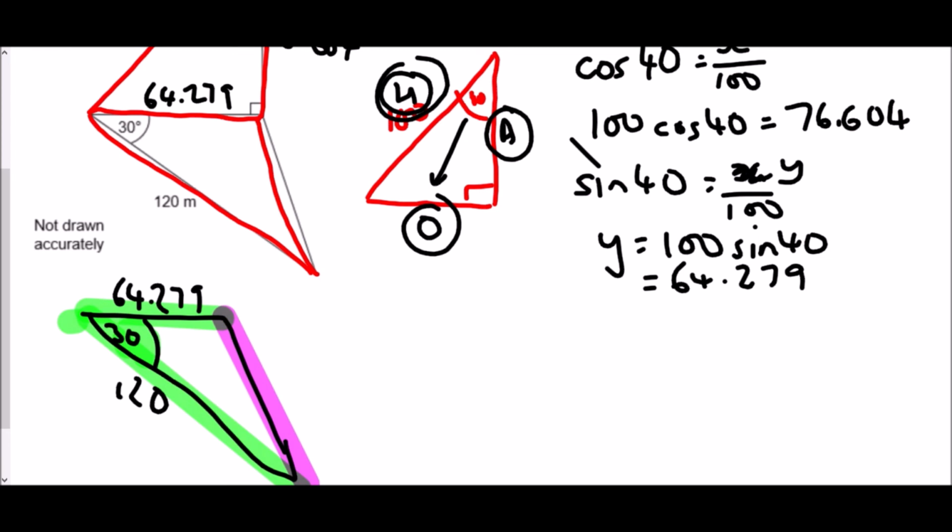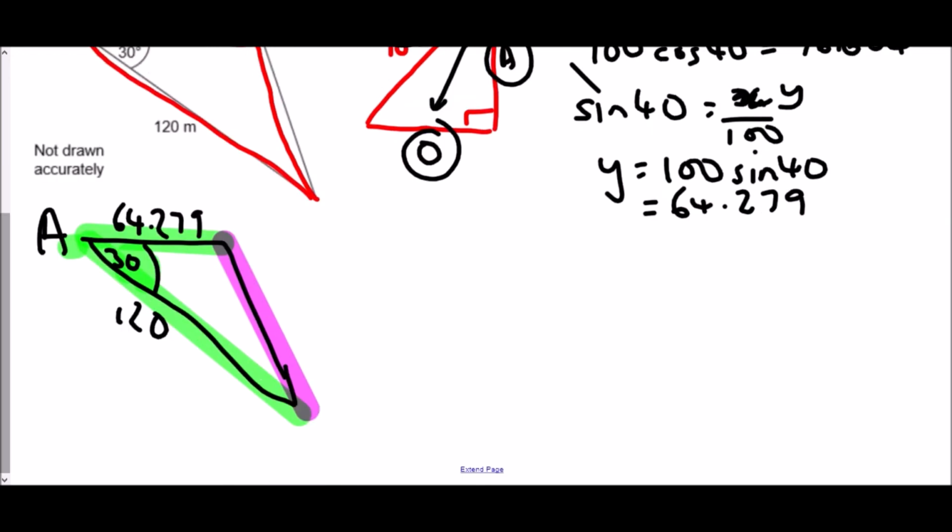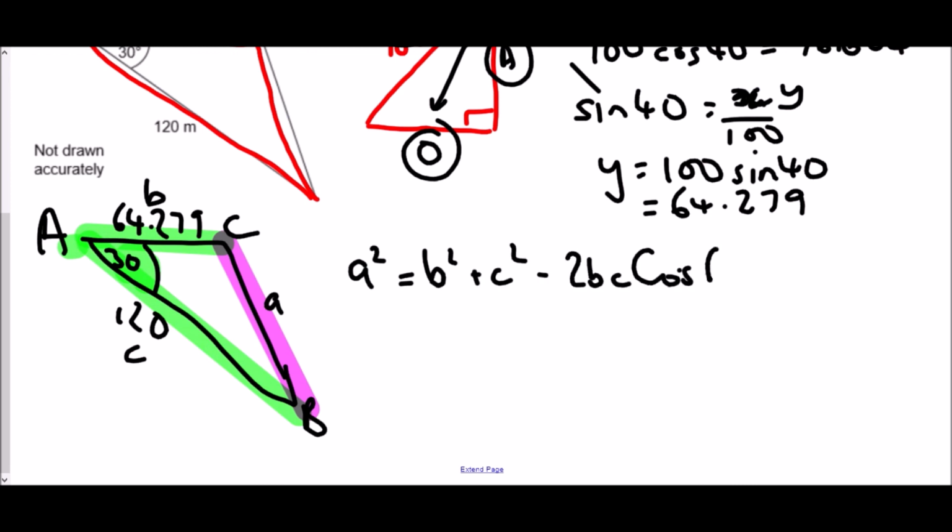So we've got two sides surrounding an angle and we want to find the side opposite it, and therefore this must be big A, this must be little a, and then we'll have B and big B, C and big C. And so A squared equals B squared plus C squared, take away 2BC cos A. Fill in all of the values we know.